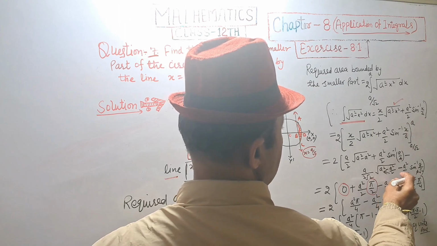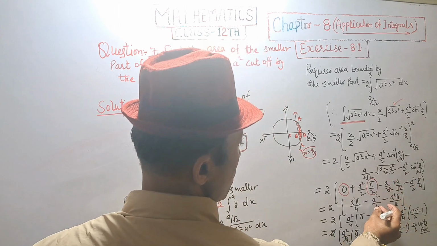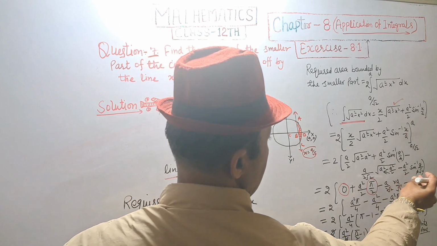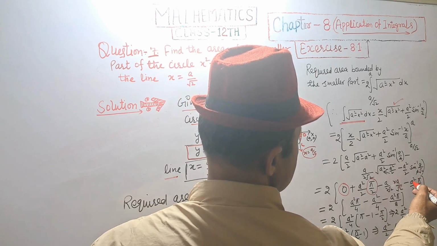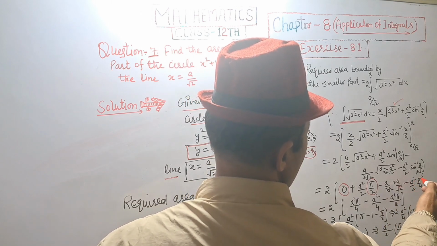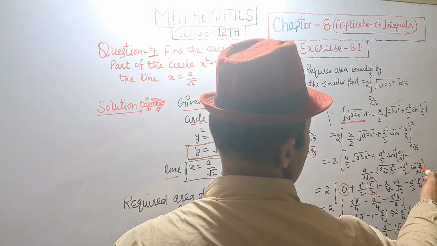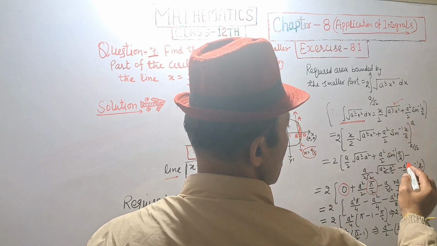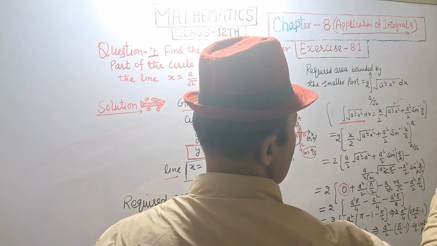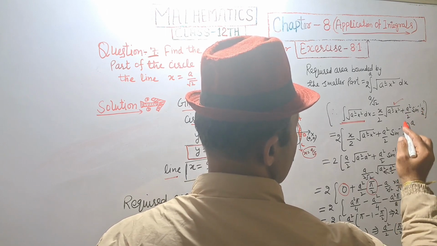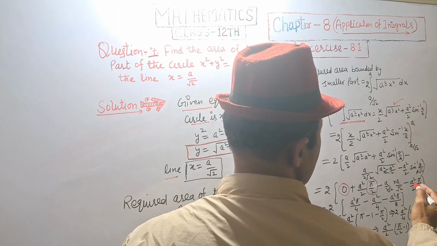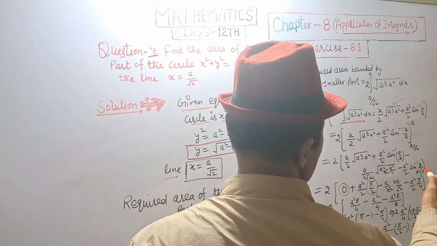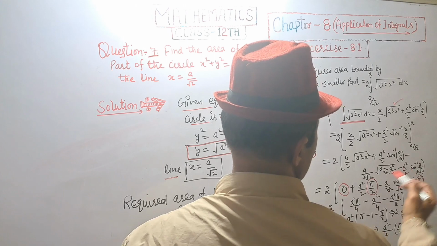So we get a into a square upon 4, and last minus a square upon 2 into sin inverse 1 upon root 2. We know that sin inverse 1 upon root 2 is equal to 45 degree, and 45 degree can be written as pi upon 4. So sin inverse 1 upon root 2 is equal to pi upon 4.